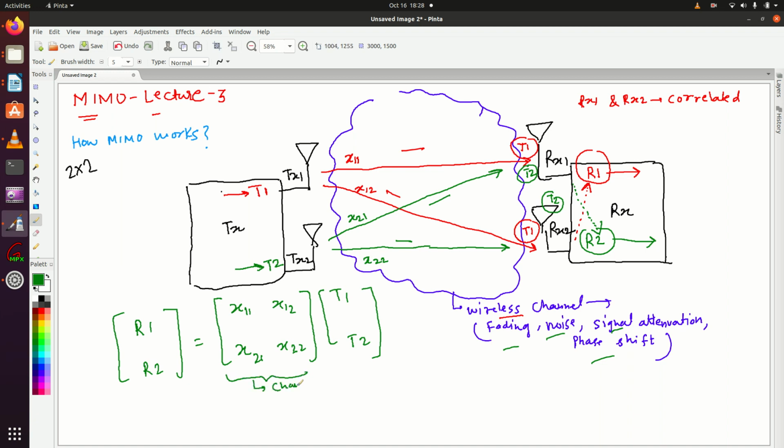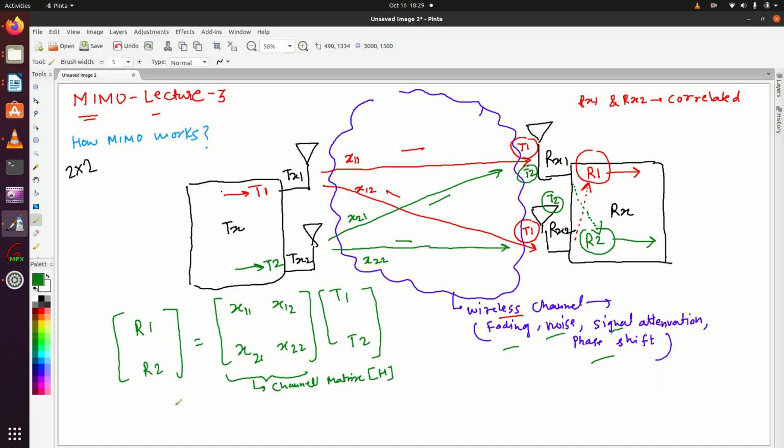In the second lecture I have already told you how we determine this channel matrix using the reference signal. I'm considering that the UE has already calculated this channel matrix with the help of the reference signal. If you want more details, please visit lecture number 2 of the MIMO series. The channel matrix is represented by H.